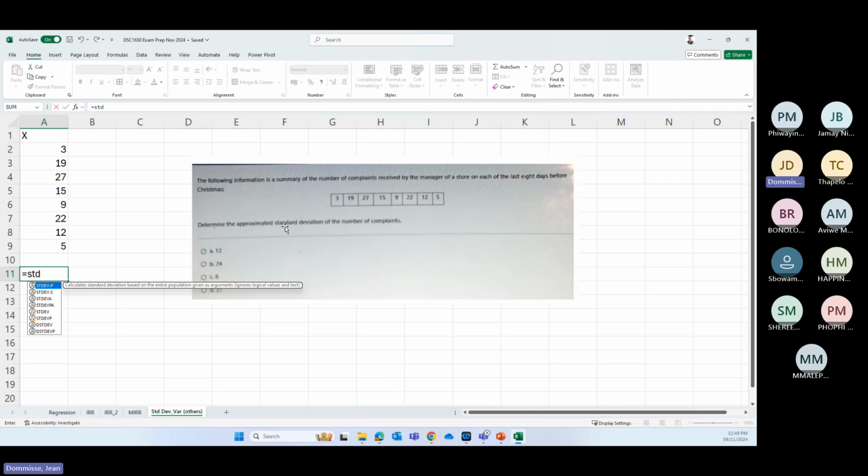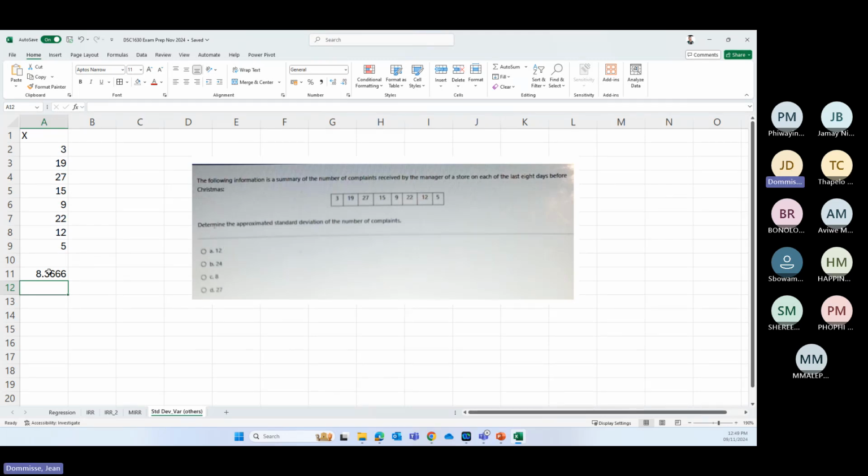Okay, so first thing interesting, they don't tell us in words if it is a sample or a population. So that already makes me worried. So what I would tell you guys is, this is not for the whole year. It is 8 days before Christmas.